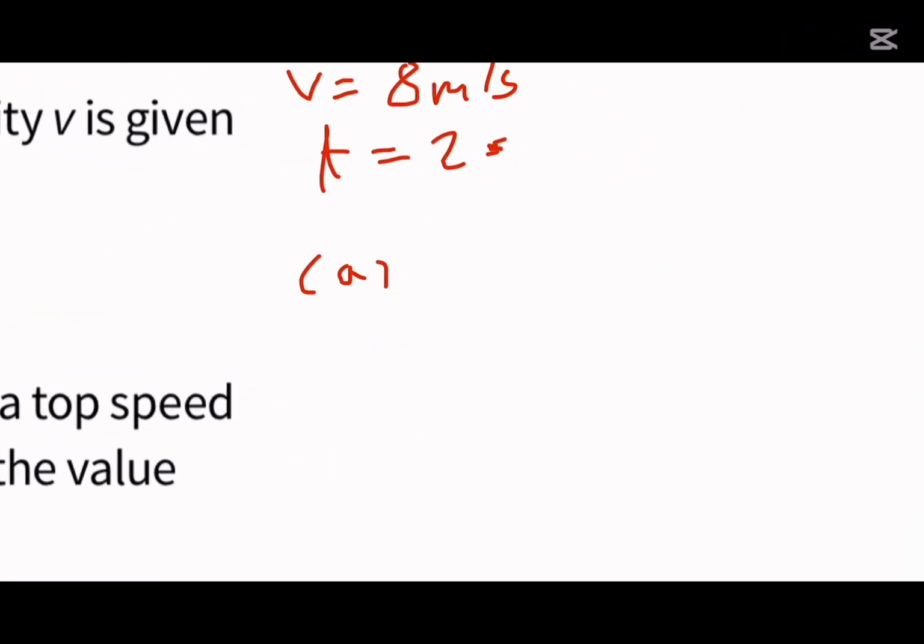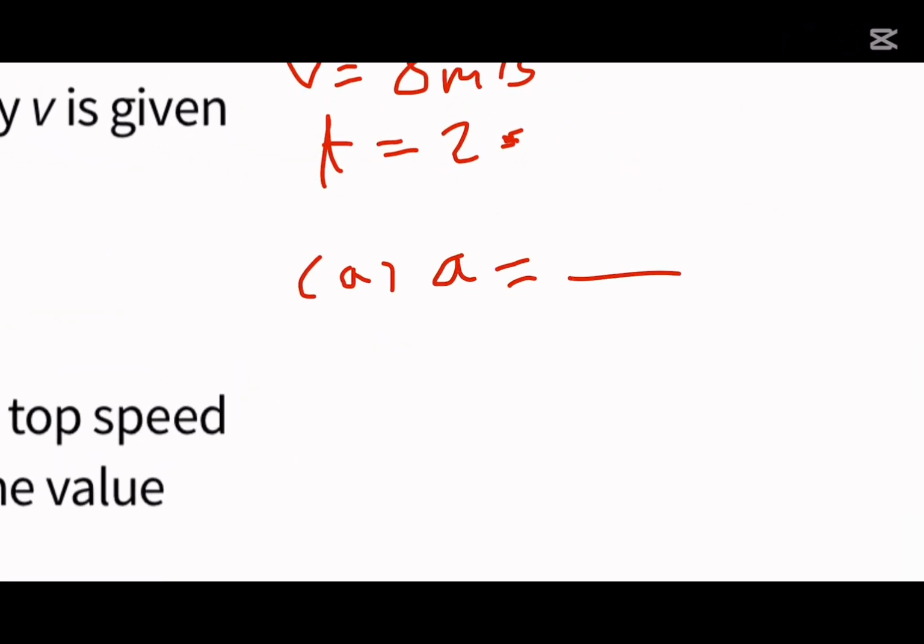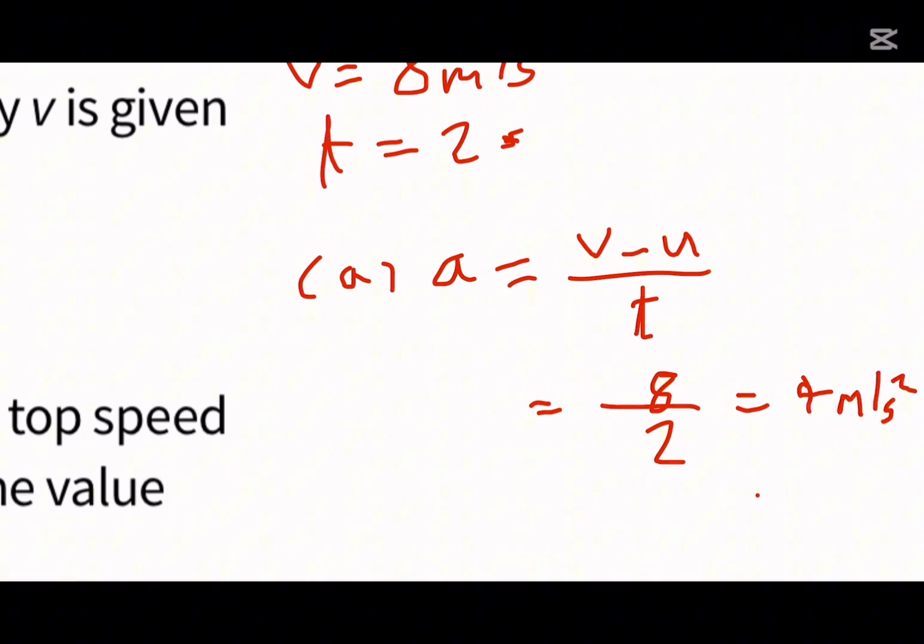To calculate acceleration, we need to subtract the initial velocity: a equals v minus u over t. v is 8, u is 0, so it's basically 8 over 2, which is 4 meters per second squared.